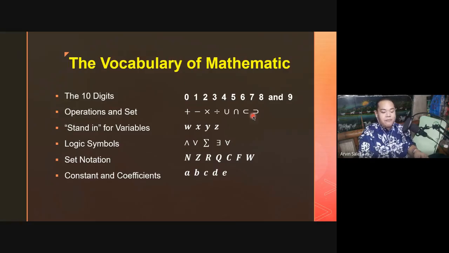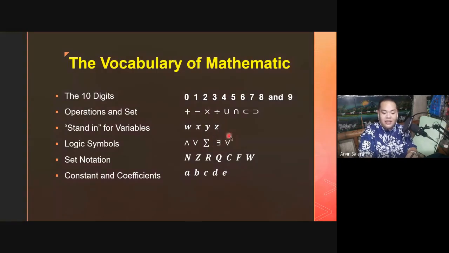Now, the logic symbols, which will be discussed next meeting, because it is very advanced. So for logic symbols, we have this one. This is the AND symbol. This is the OR symbol. This is the summation symbol. And this is the symbol for there exists.